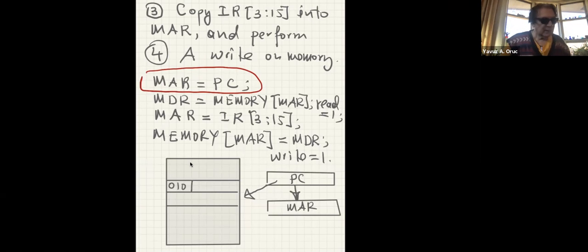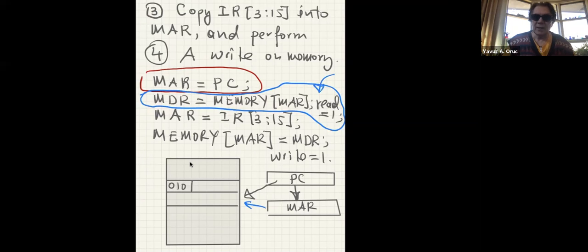Okay, and then after that, you notice what we did. Let's use a different color here. We did the second step, which is this. What that did was it actually used the MAR. MAR went into here, and then we applied a read command.